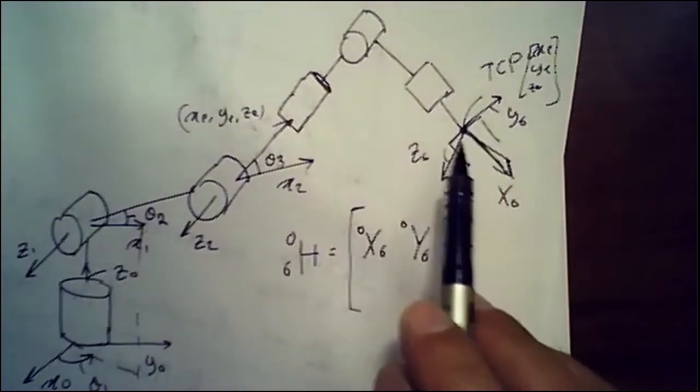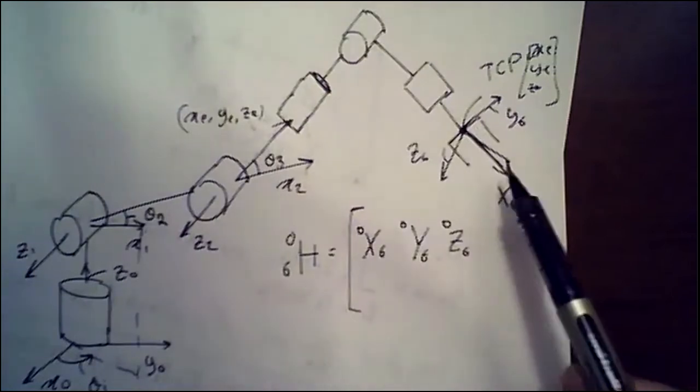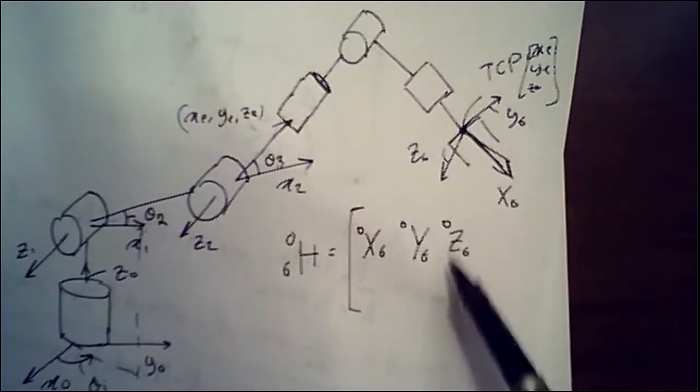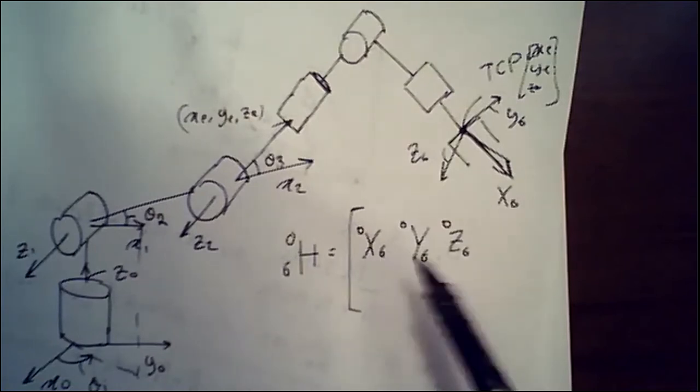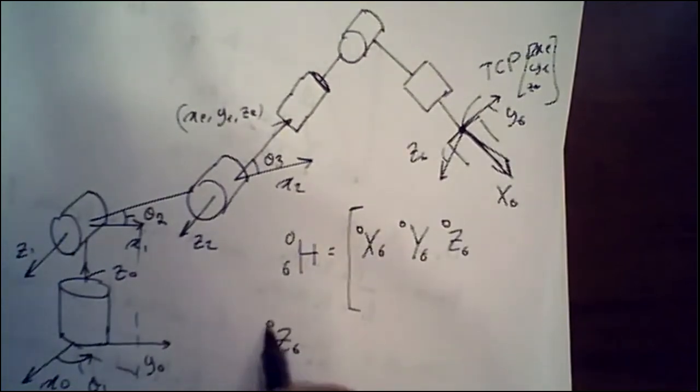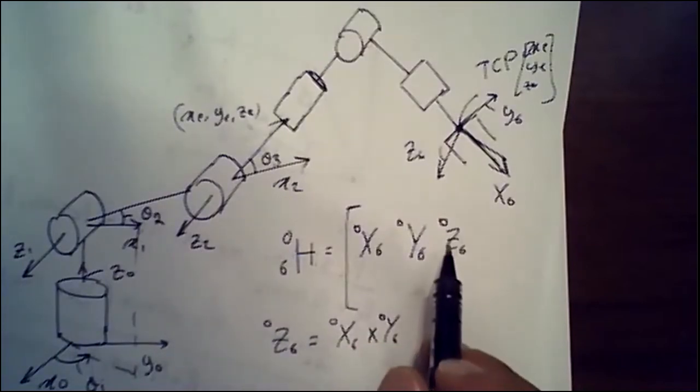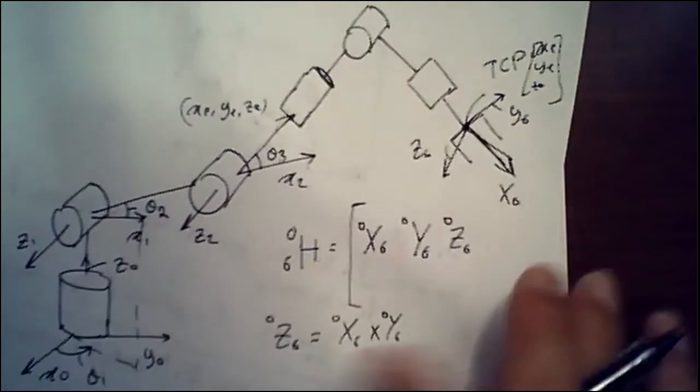Y6 will tell you the roll, like how much you are rolling this object. If you are providing X6 and Y6, then Z6 is obtained how? By the cross product. Z60 is equal to X60 cross Y60. So you cannot specify that; it will be a cross product here.